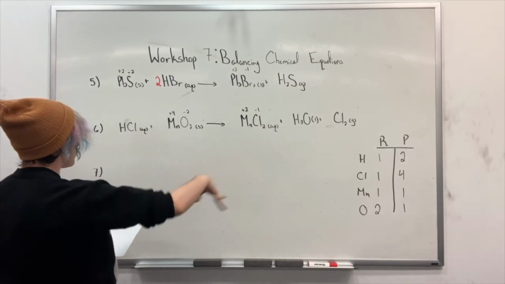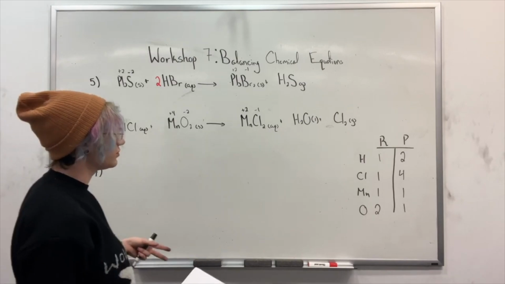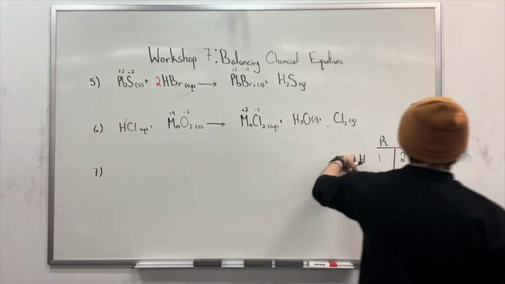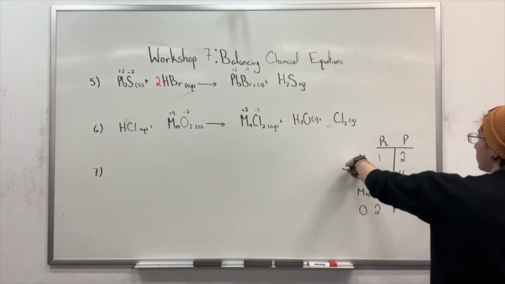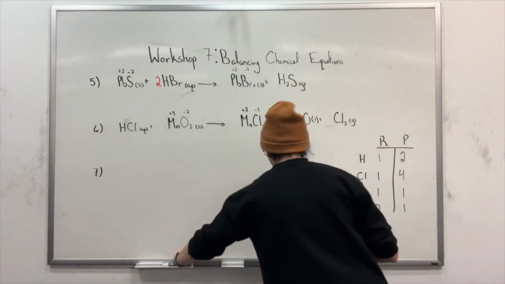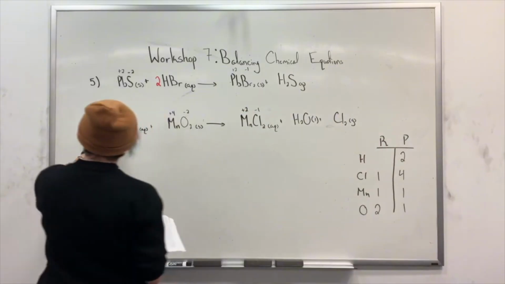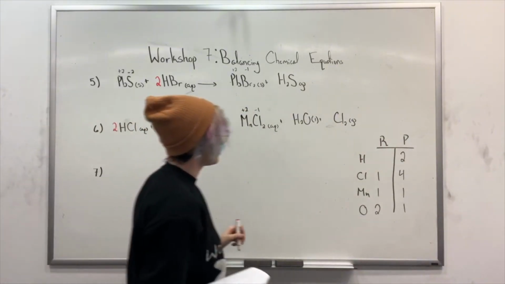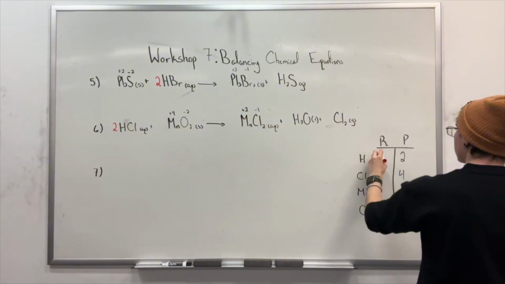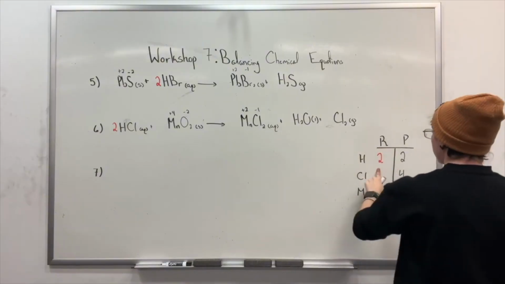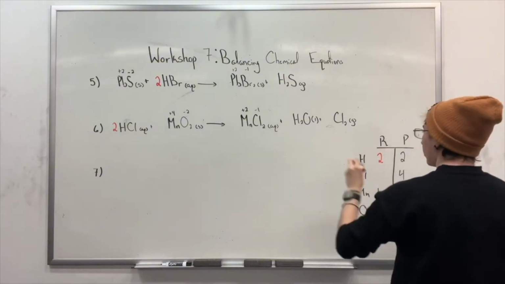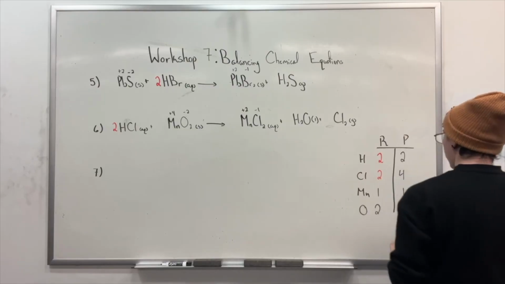So let's focus on our hydrogens first. We have 1 hydrogen on our reactant side and 2 on our product side. And so if we put the 2 here, then we get 2 hydrogens, but we also get 2 chlorines.